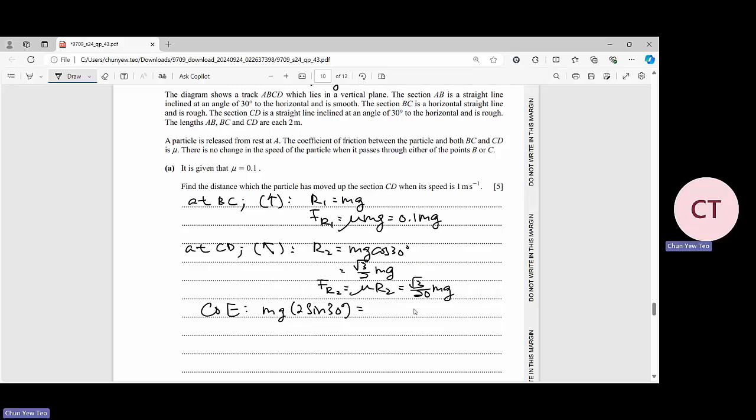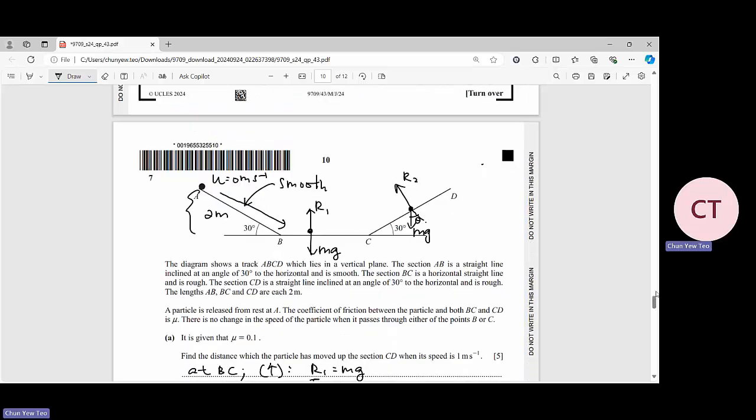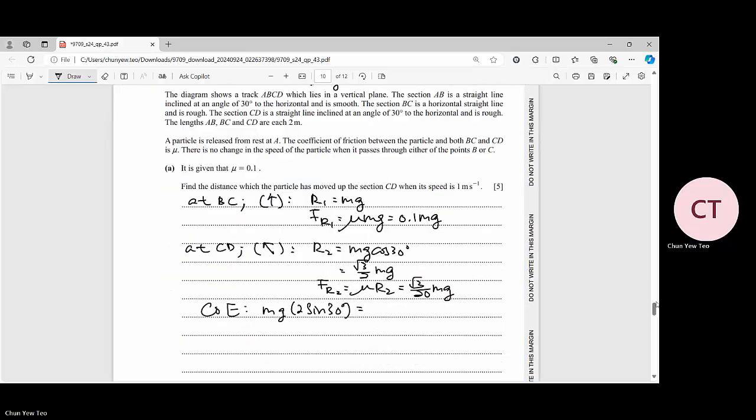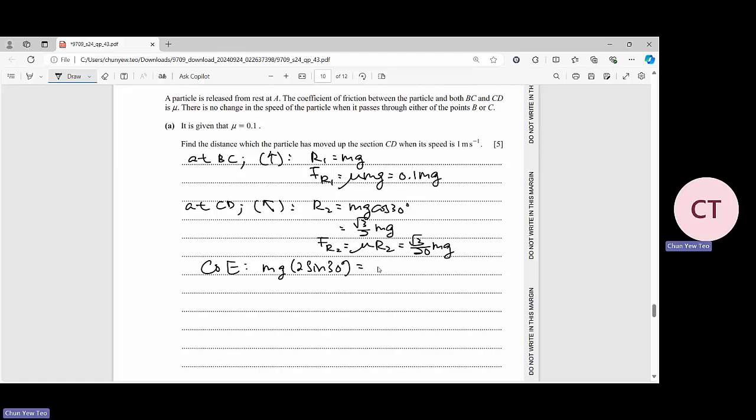And after that, when you reach here, you have the KE gain in the half of the mass. Maybe we write down the relationship first, the easier for us to solve it. So we have the PE loss is equal to the KE gain.